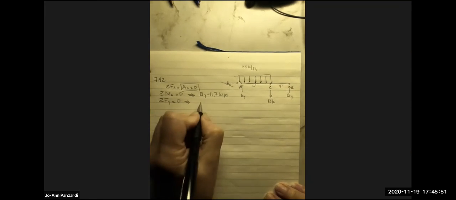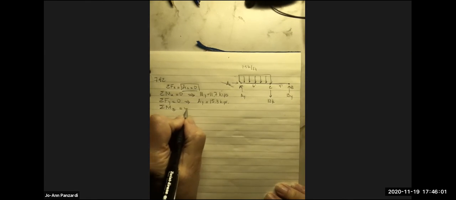I'm then going to do sum of the moments about A equals 0, and I'm going to find out that BY is equal to 11.7 kips. And then I'm going to do sum of the forces in the Y equals 0, and I'm going to find that AY is equal to 15.3 kips. And then I'm going to do sum of the moments about another point.